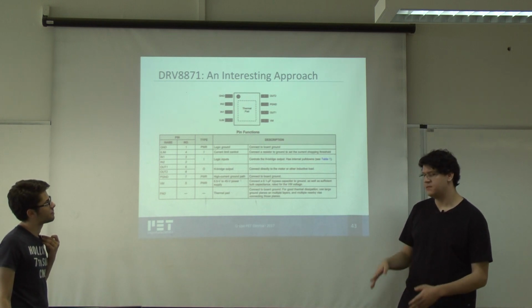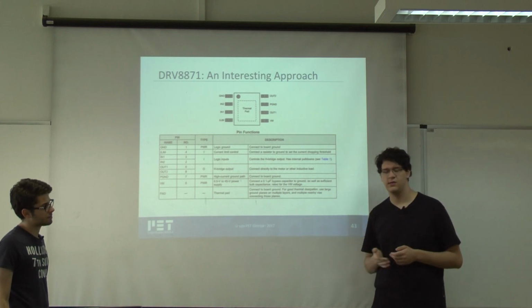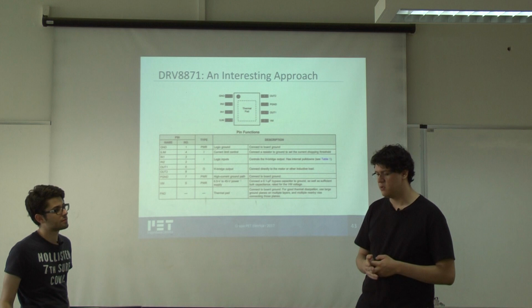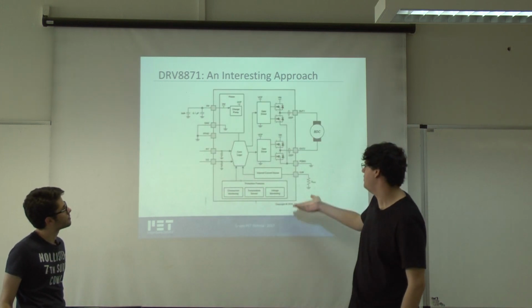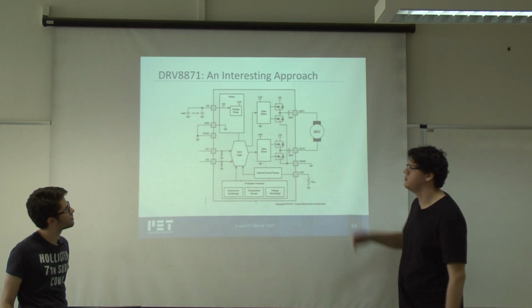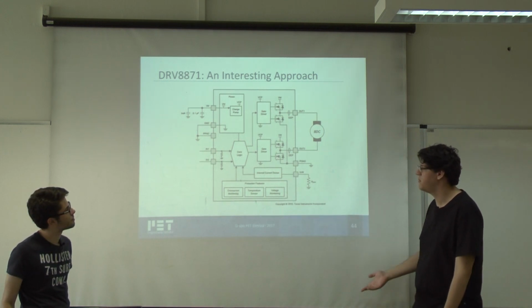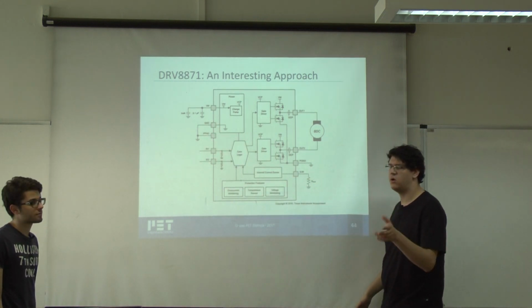And the DRV8871 use is really simplified. So for engineers, it's a really great feature to have. This is a topology using the DRV8871. As you can see, it's not complicated at all. Just some capacitors here to eliminate noise.